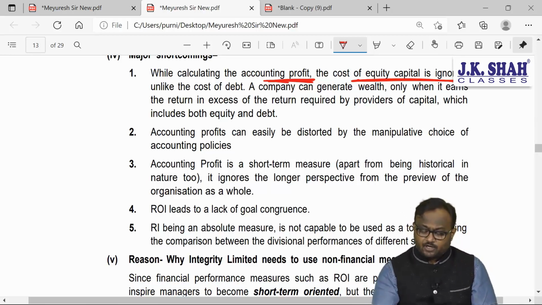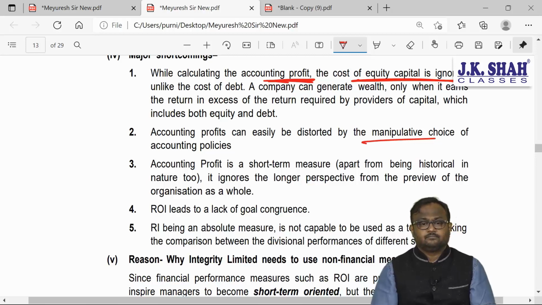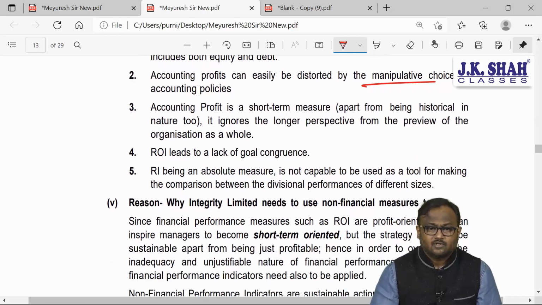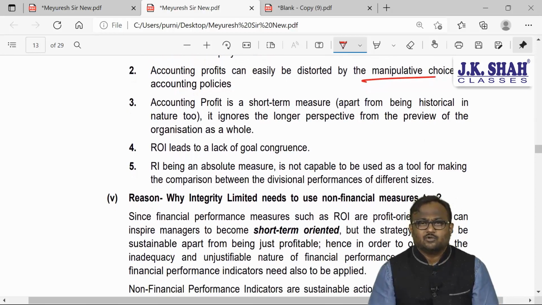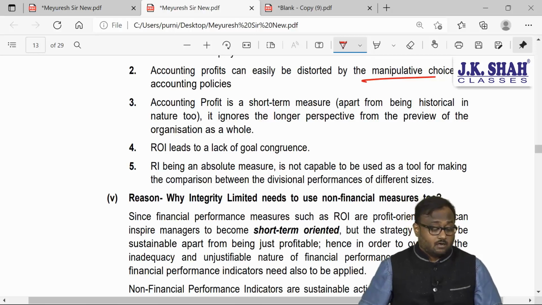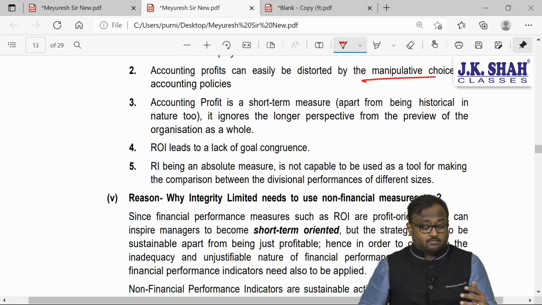Your profits can be manipulated very easily. Then your profit is on an annual basis, right? So your profitability is a short-term basis of taking the decision. If you see the long-term perspective, which can change the direction, because profit is of the particular financial year.